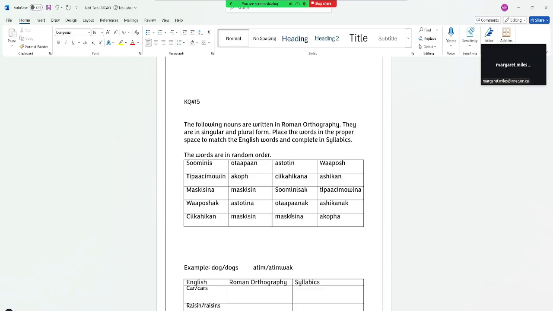Sominis, raisin. Tipachimoon, news or story. Maskisin, shoes. Wapos, rabbits.